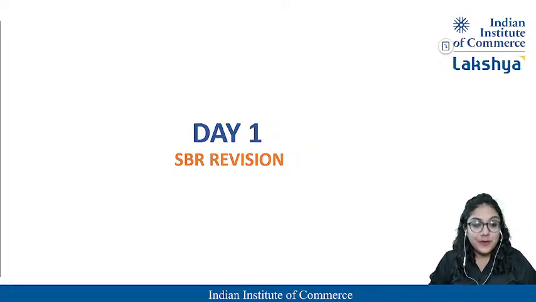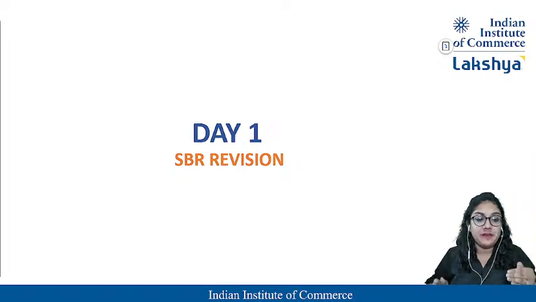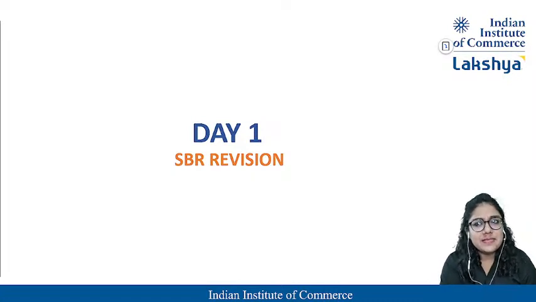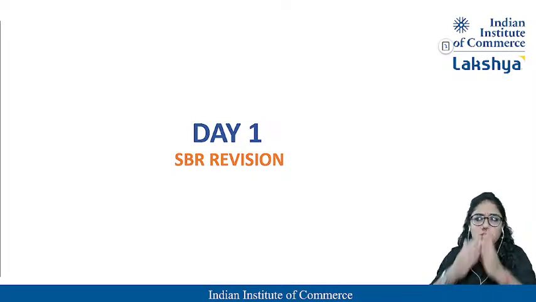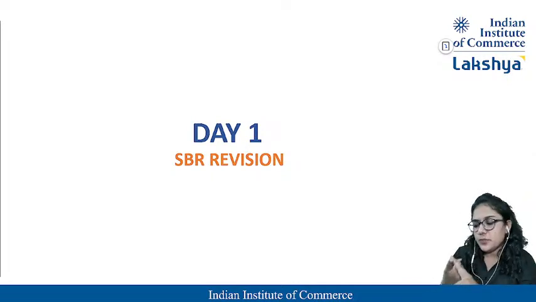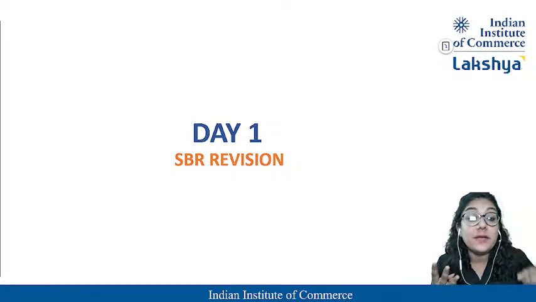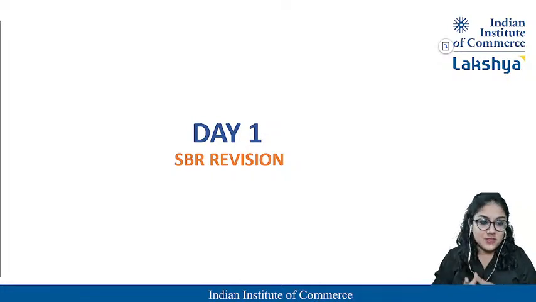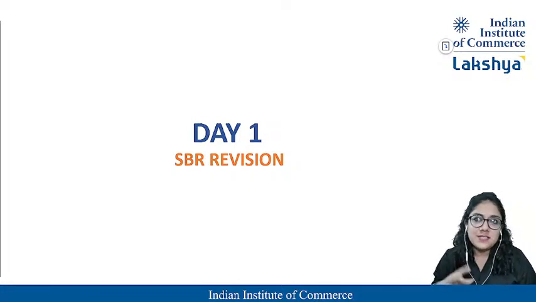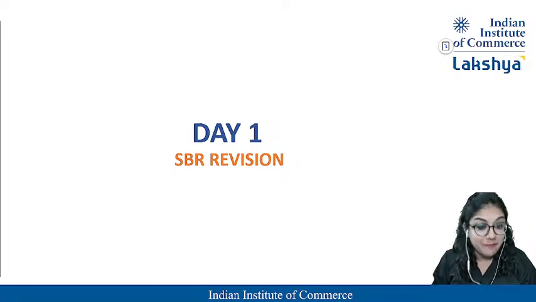You will be telling me, ma'am, we are having so much reporting: financial position, SOPL, other comprehensive income, changes in equity, cash flow statements, notes to accounts. That is all reporting, and we have learnt all of that in financial reporting, FR, also.